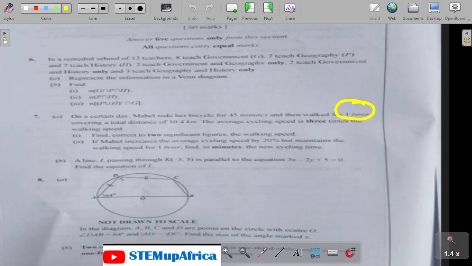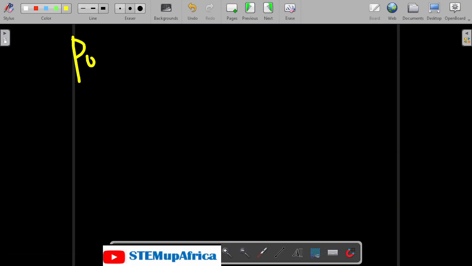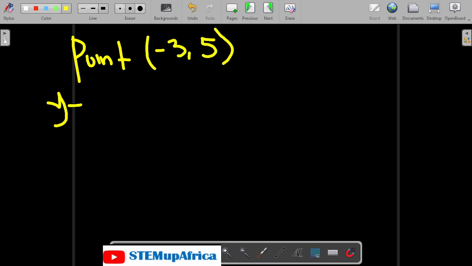The point given to us is minus 3, 5. The equation of a line says y minus y1 equals m into x minus x1.